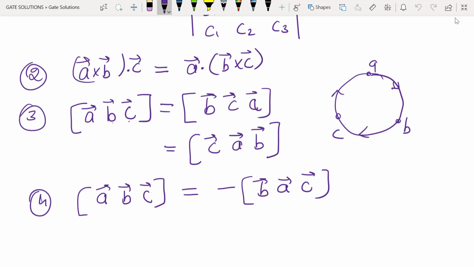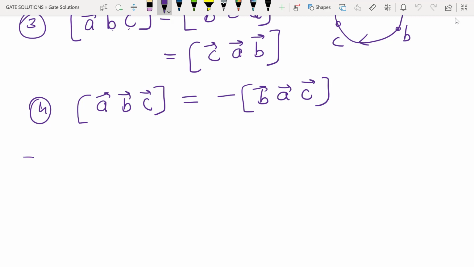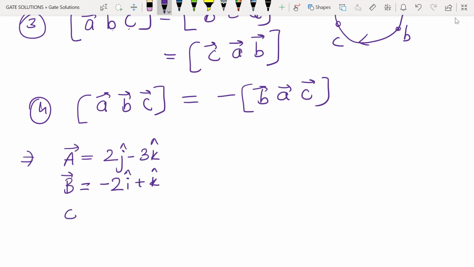Now we will solve the question. So the question is, A vector is given as 2j hat minus 3k hat, B vector is minus 2i hat plus k hat, and C vector is 3i hat minus j hat.